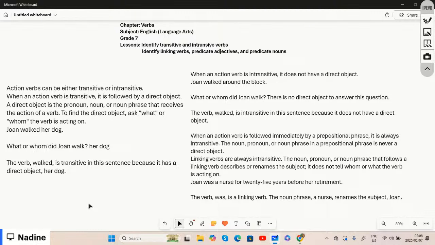All right. So when it comes to verbs, like I said, this is a continuation of a previous lesson on verbs. Now we're going to continue, focusing more on transitive and intransitive verbs, linking verbs, as well as predicate adjectives and predicate nouns.